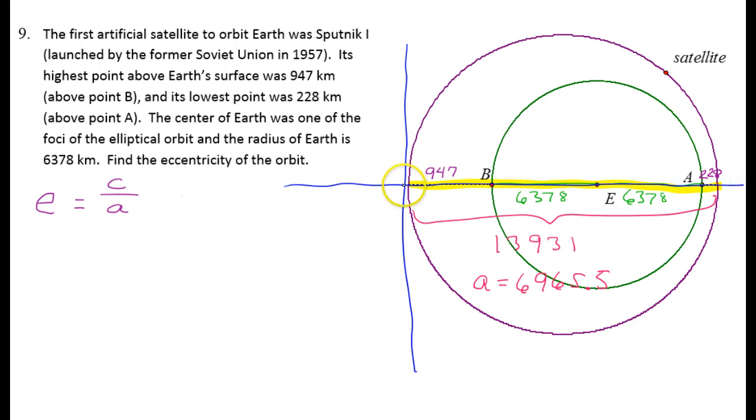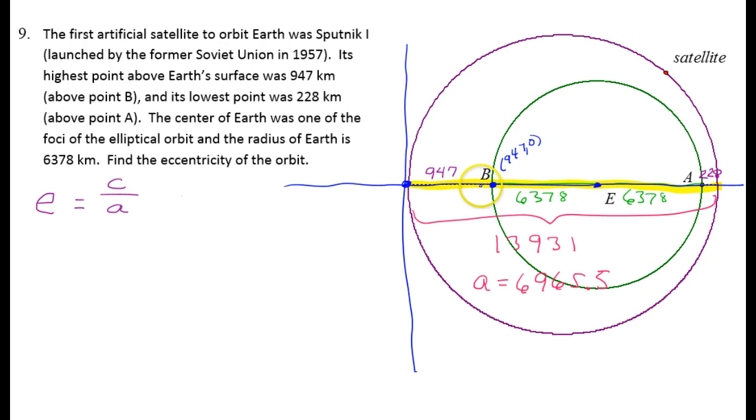Okay, so imagine that this is the origin 0, 0 at this point right here. Then that means that, for example, this point B would be 947, 0. This focus right here, the center of the Earth, is a focus.